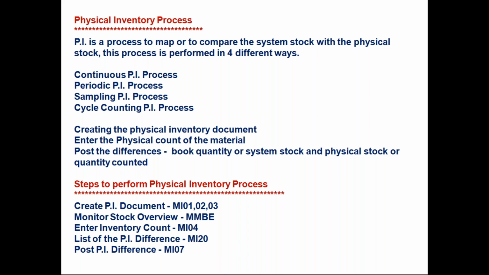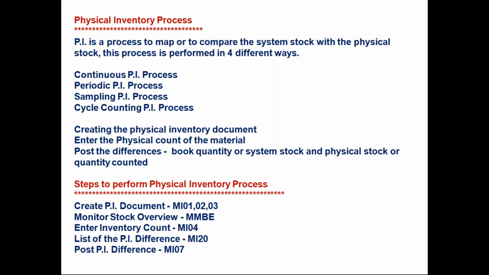So we call this process the physical inventory process. Physical inventory is a process to map or to compare the system stock with the physical stock.